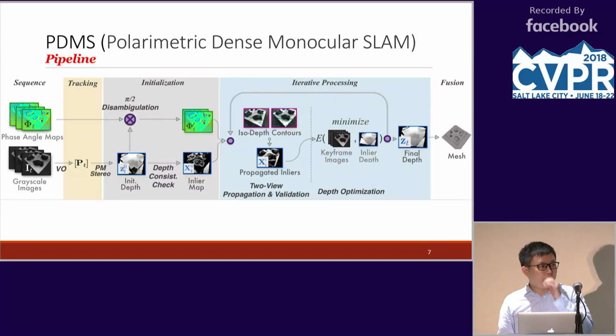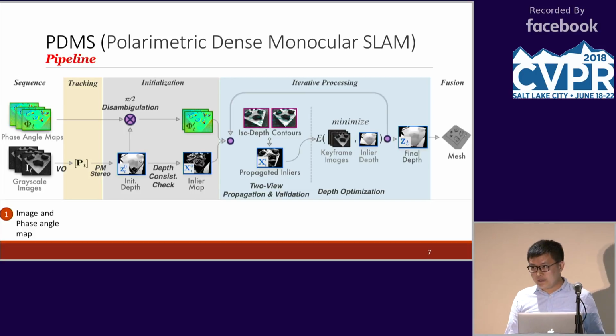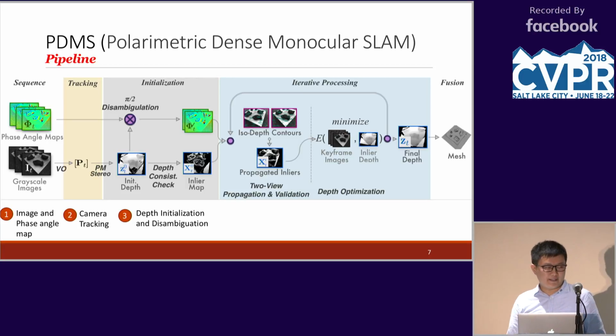So this is my pipeline. The input of our system is the image sequence with the corresponding phase angle maps. The tracking module first computes the camera poses for the input image sequence. Here we use DSO for the tracking. Then in the initialization module, a rough surface is extracted for removing the ambiguity, as well as producing the initial seeds for later depth propagation.